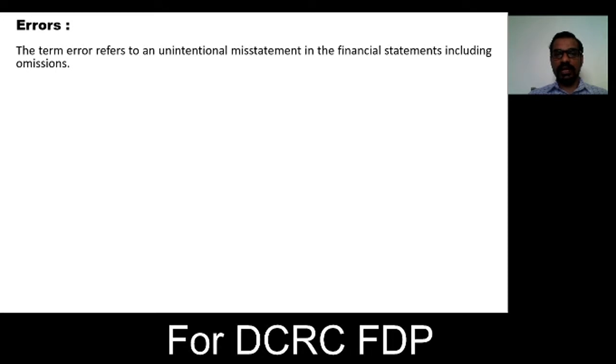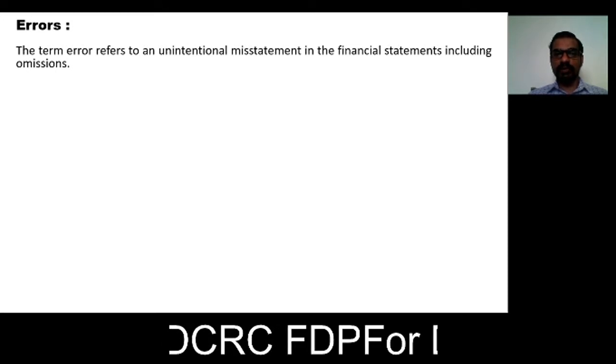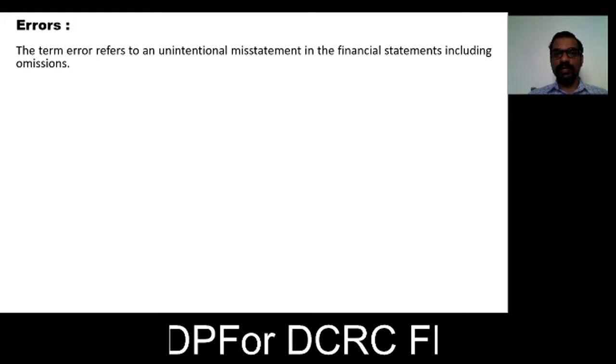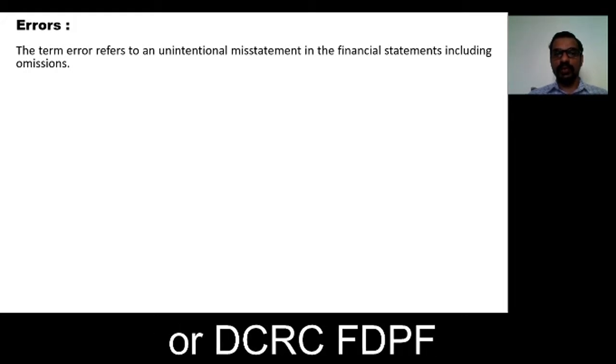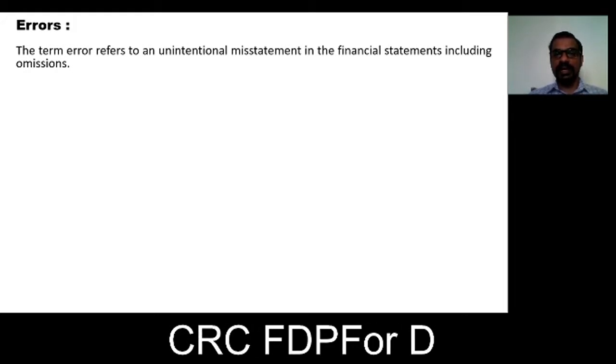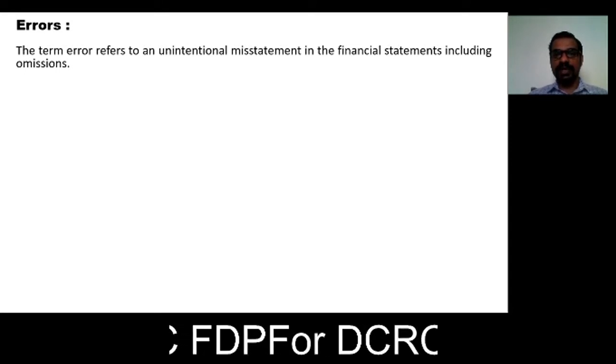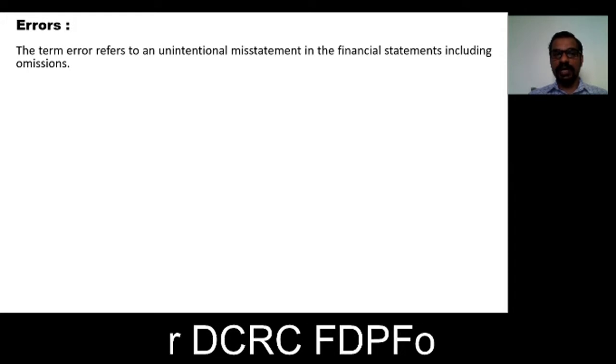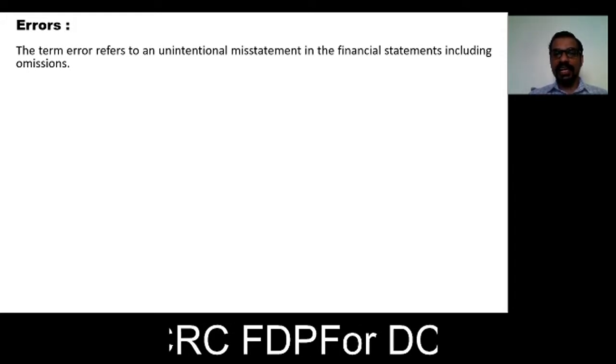So whenever an error occurs in the books of accounts, it is unintentional. There is no motive, there is no purpose behind the error that happens unintentionally in the books of accounts. Therefore, it is called an error.